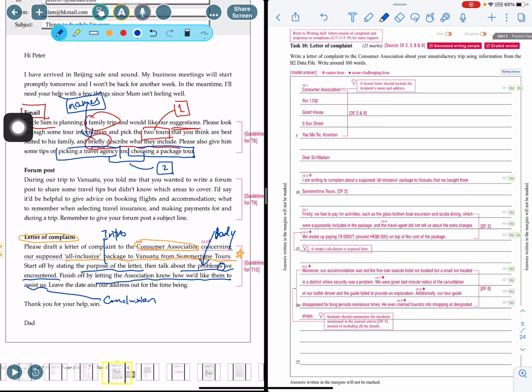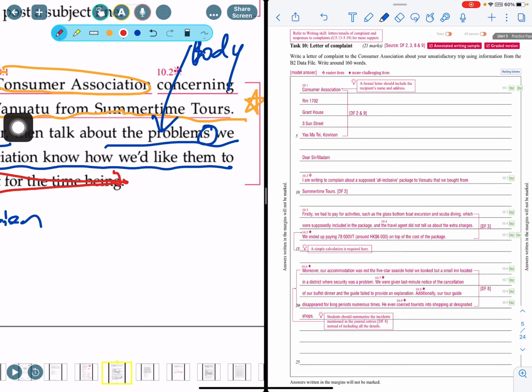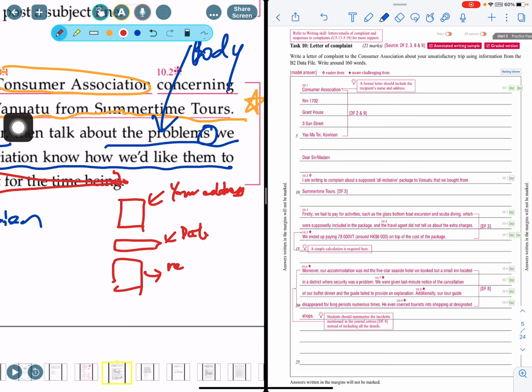All right, leave the date and our address out for the time being. This is the part that I want to talk about. Sorry, leave the date and our address out. So basically, if you remember, on top you should start with your address, and then the date, and then afterwards the recipient's information.